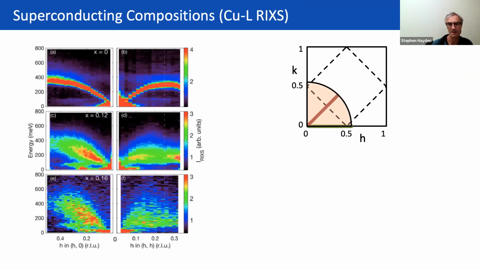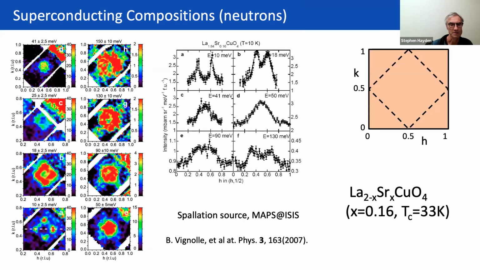Say this point here would be going along the HH direction, at an energy of about 150 millivolts. So here we've got 150 and 130. These things coming in along this line, you can see it comes along here and here and here. That's the branch that I showed you in the RIXS.